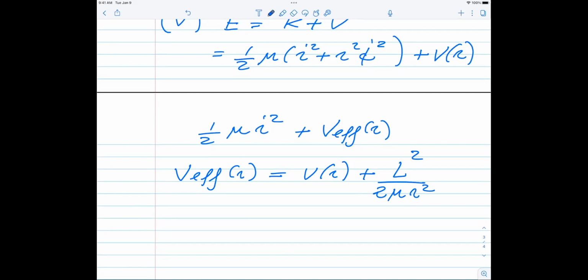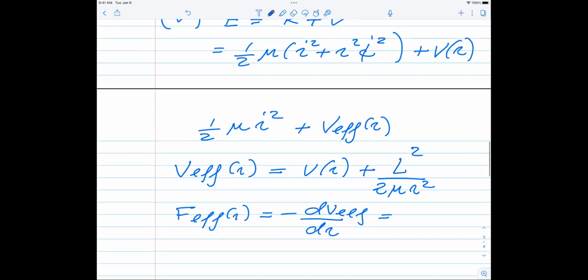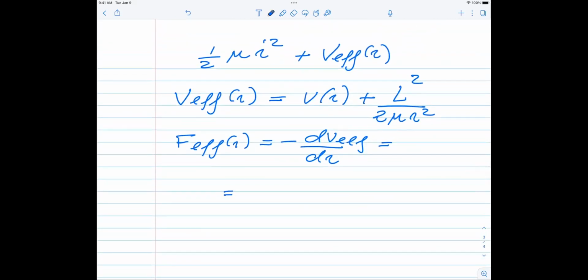And we see now that the effective force is going to be minus the derivative of V effective with respect to r. And if I plug that in, we are going to have minus dV of the original potential, which could be the gravitational potential. And then I have plus a term which goes like L squared, the factor of 2 disappears, and I have mu divided by r cubed.